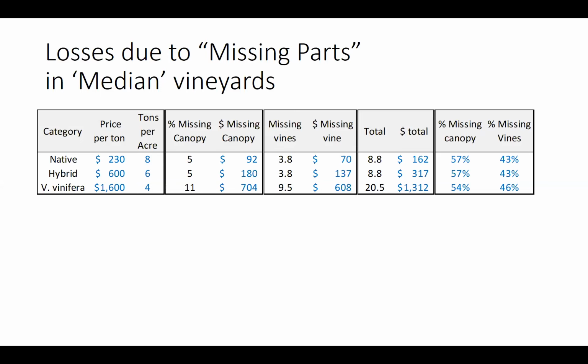So a couple of things I want to close with here. First of all, these are median values, so half the vineyards would have had lower losses, but half had higher losses, and sometimes much, much higher. It would be 2, 3, 4 times greater for certainly the vinifera people that had a lot of crown gall injury and a lot of missing canopy.